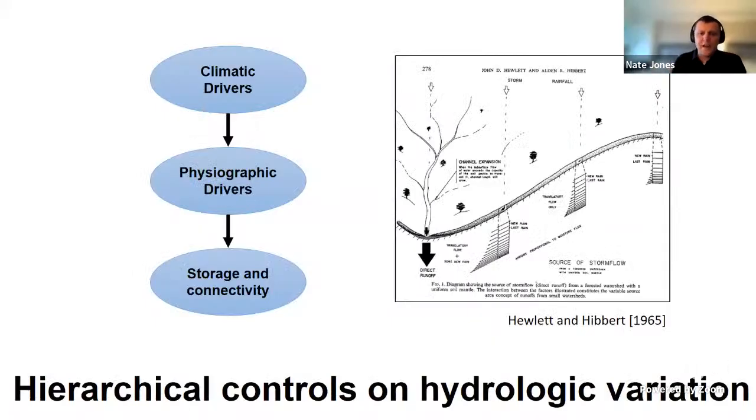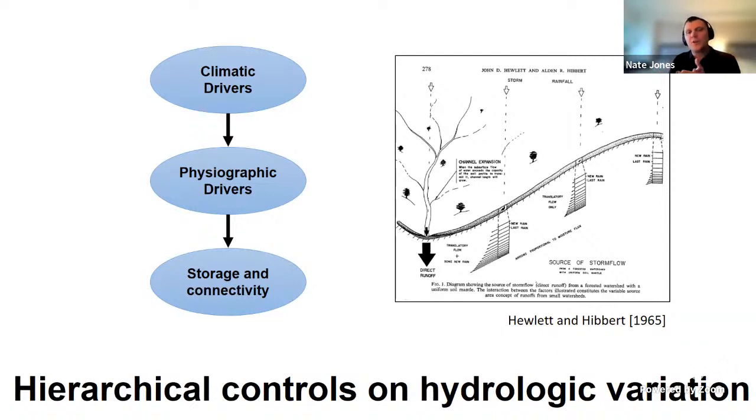So thinking through that, diving deep back into the hydrologic literature, Hewlett and Hibbert's seminal work in 1965, where they presented the variable source area concept, which for a lot of us in hydrology is really the basis for our understanding of how catchments function.